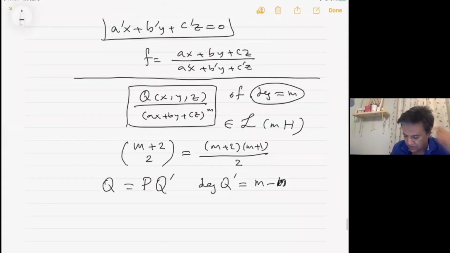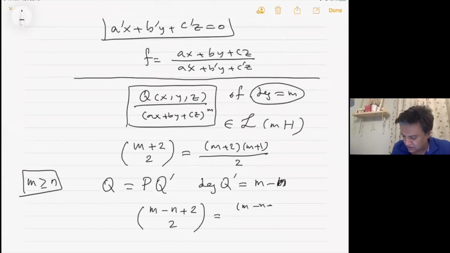The degree of p is assumed to be n. So we take m to be bigger than or equal to n, and the number of these functions is (m-n+2)(m-n+1)/2. So all you need to do is subtract these two numbers.